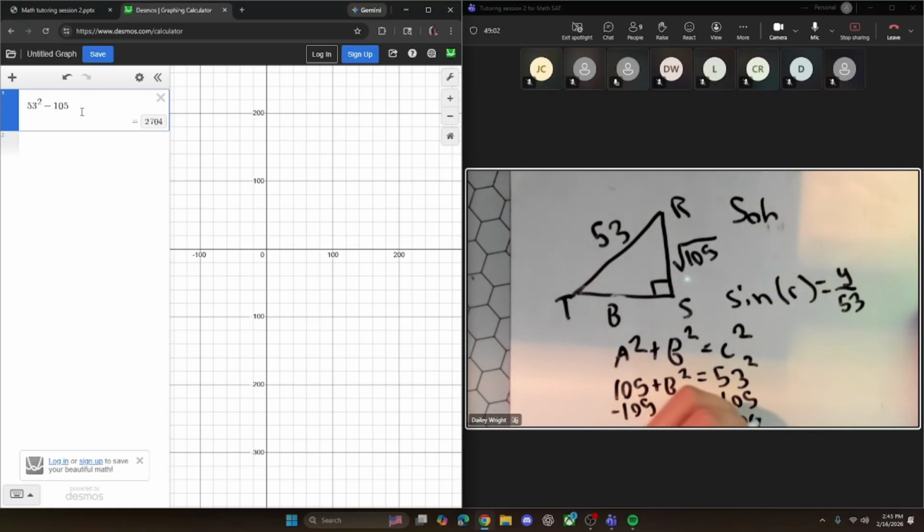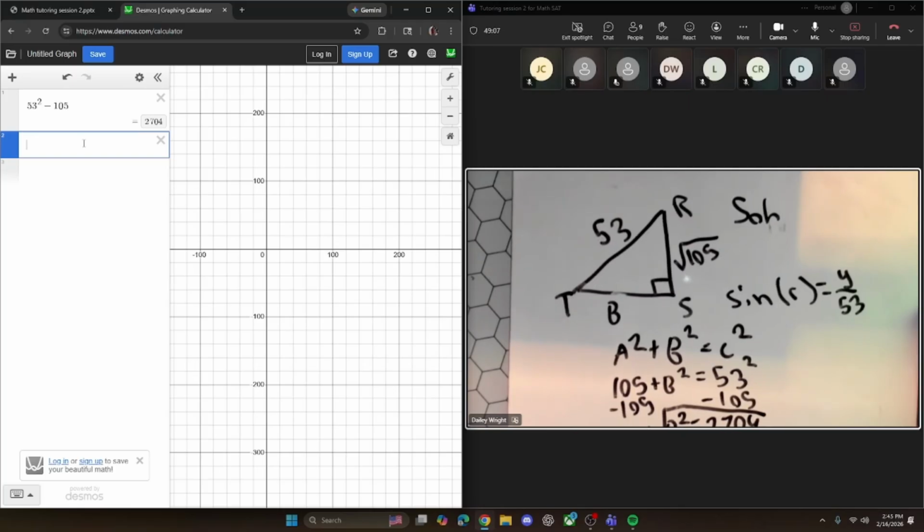Remember, we cannot end it here. We have to get rid of that squared with a square root over everything. B is equal to the square root of 2,704 to the 1/2, which is the same thing as the square root. So B is equal to 52.